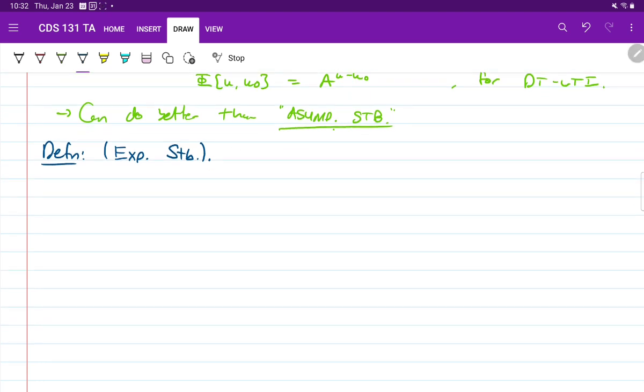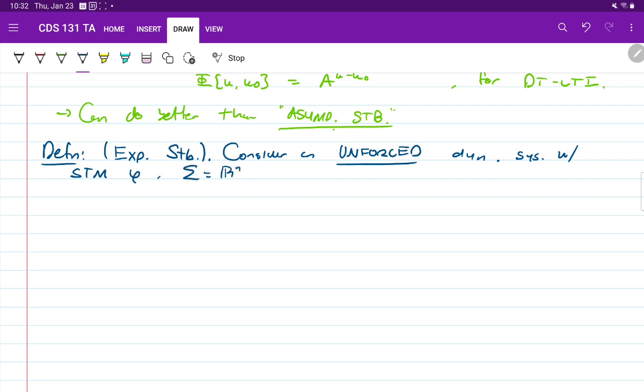Okay, so consider an unforced dynamical system with state transition map phi, state space sigma equals R^n, and equilibrium points xe in R^n.